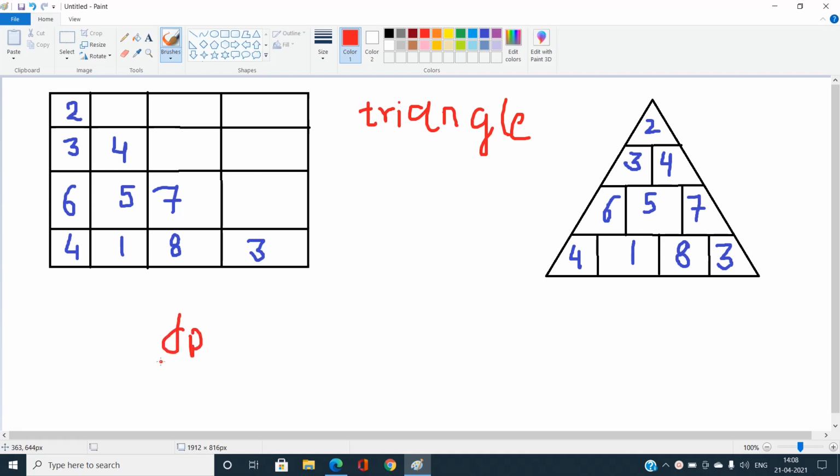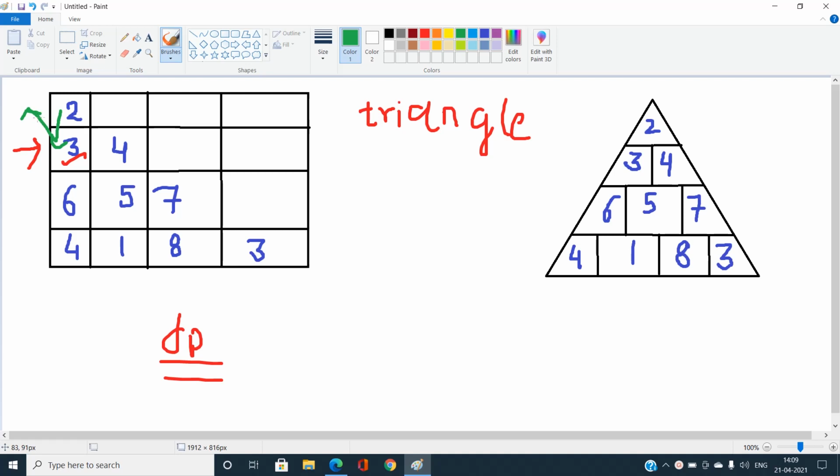It's called DP. Now you can see we are at the second row, this is the first row and we have this second row, and let's say we are at this element, element 3. So how can we come to this element 3? For coming to this element 3, we can come directly from the row just above this row, or the row just above with the column one less.